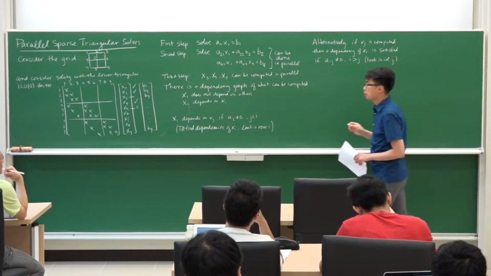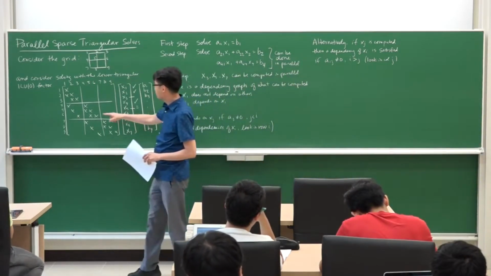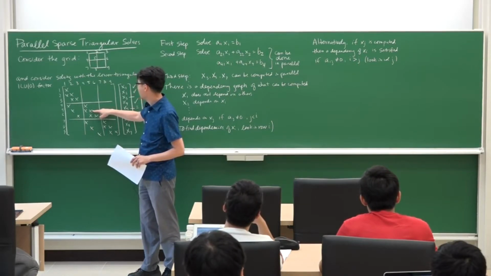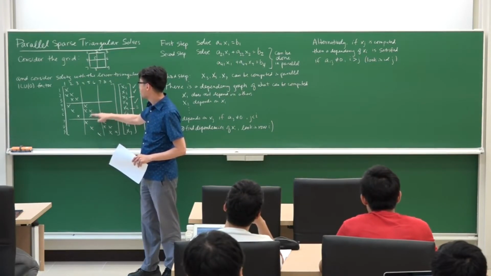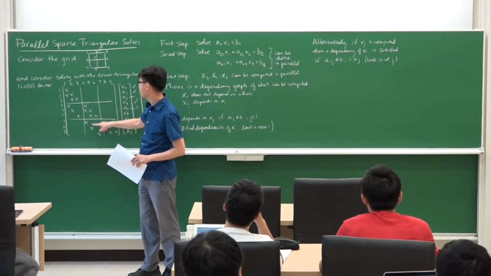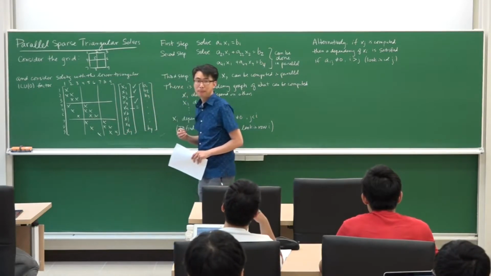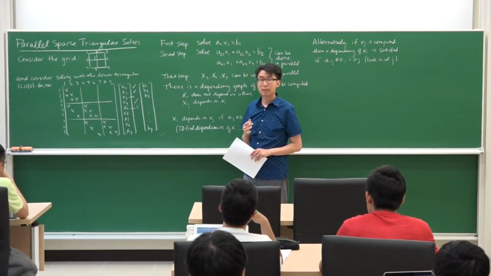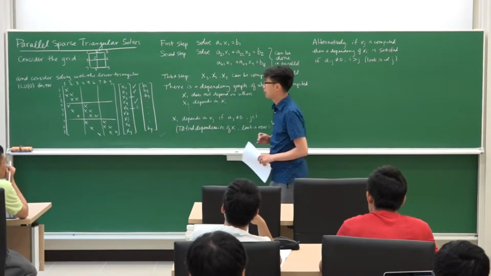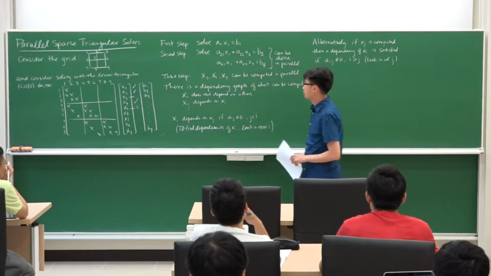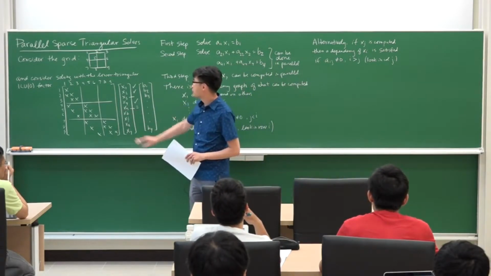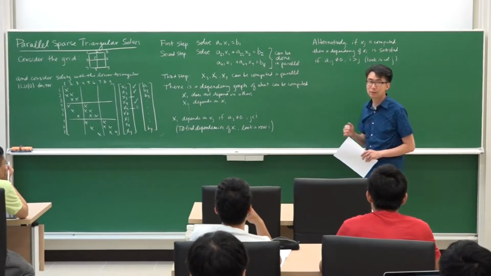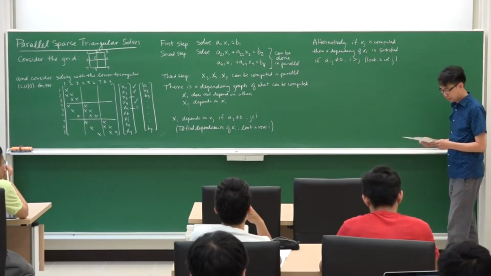So suppose we just computed x5, and then we look in this column and say, well, maybe 6 can be computed, maybe 8 can be computed, because x5 was a dependency of these other two. Okay? So the matrix, which then you can also imagine the graph of this matrix, which we're actually going to draw in a moment, tells us something about what things can be done in parallel.